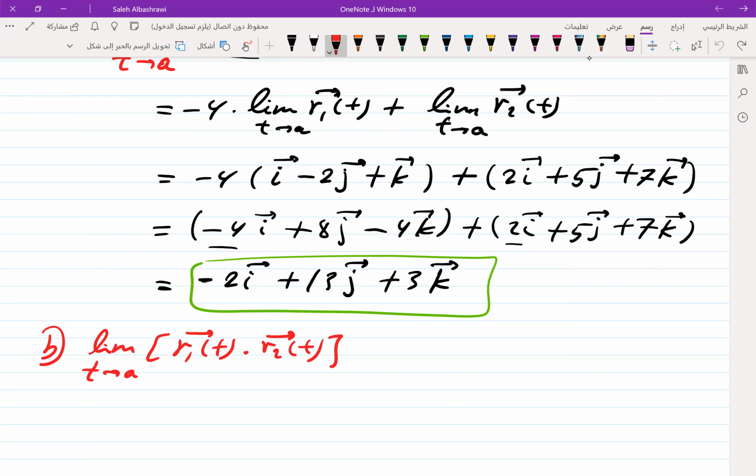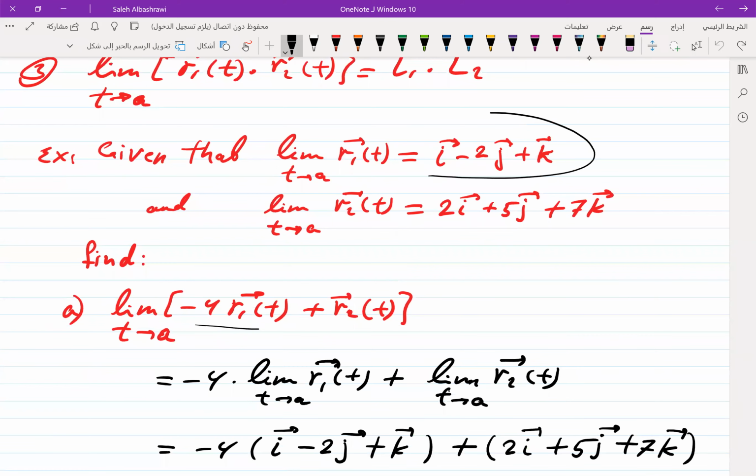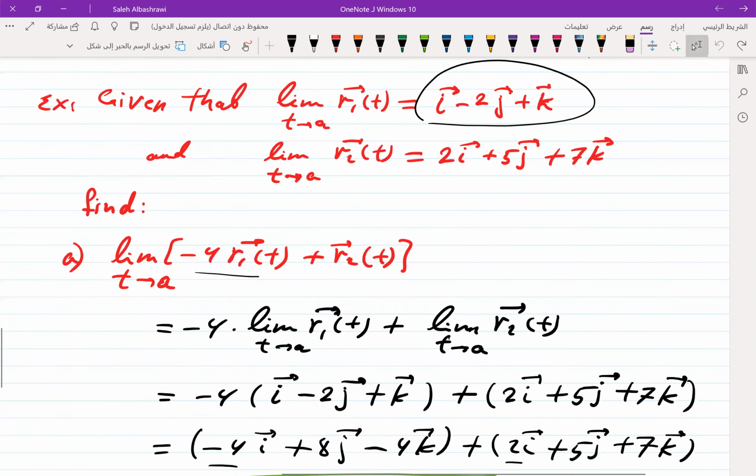This was the third property, that the limit of their dot product equals the dot product of their limits. So this is equal to L1 dot L2. L1 was given by 1, minus 2, 1.